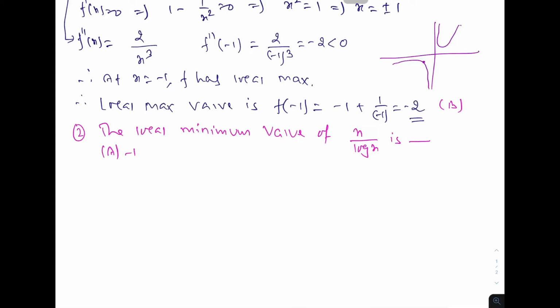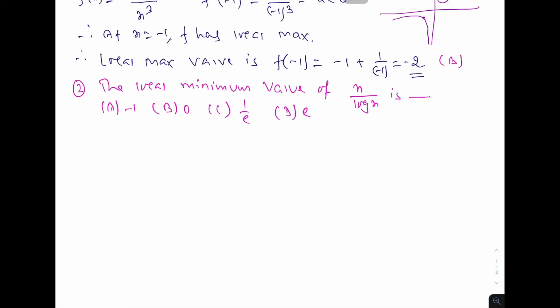So options are minus 1, 0, 1 over e and e. So here we are having f(x) is x over log x. Now take the first derivative. So we have to apply the quotient rule.